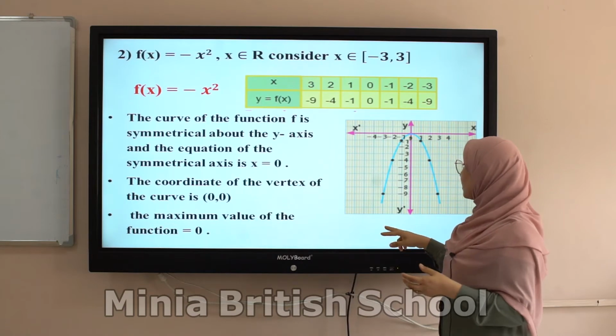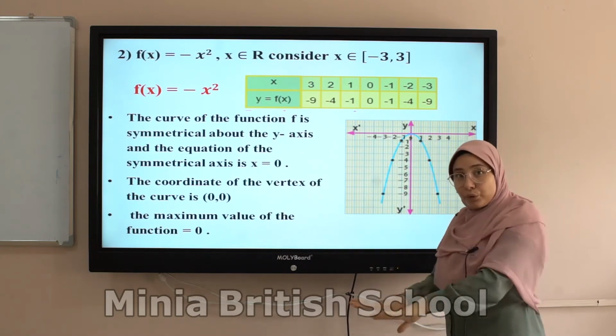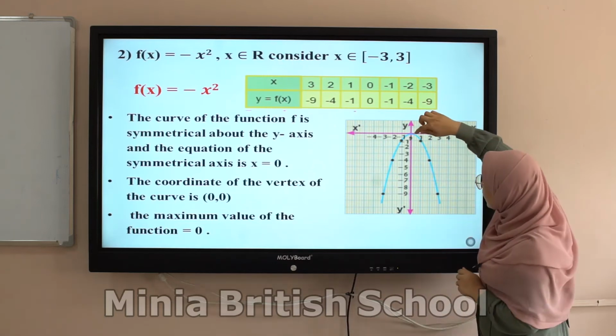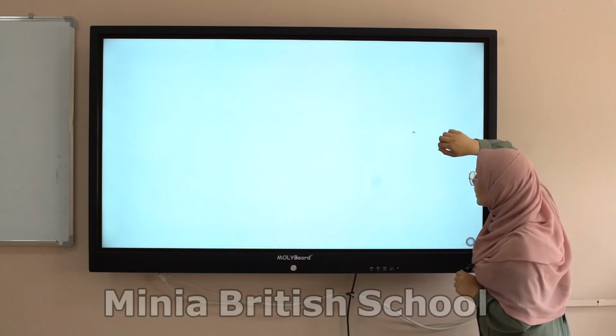Here we note the curve lies below this maximum value point.